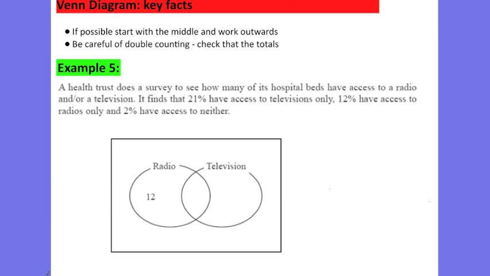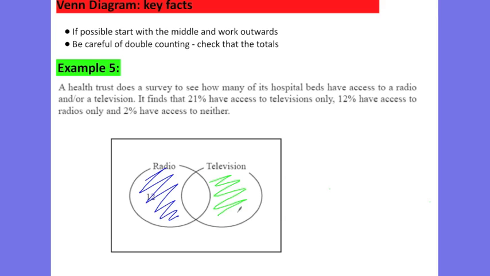Let's have a look at example number 5. Here we have 2 categories, radio and television, 2 circles overlapping inside a box. This is a Venn diagram with 2 categories. Here, where I have shaded blue, is radio only.